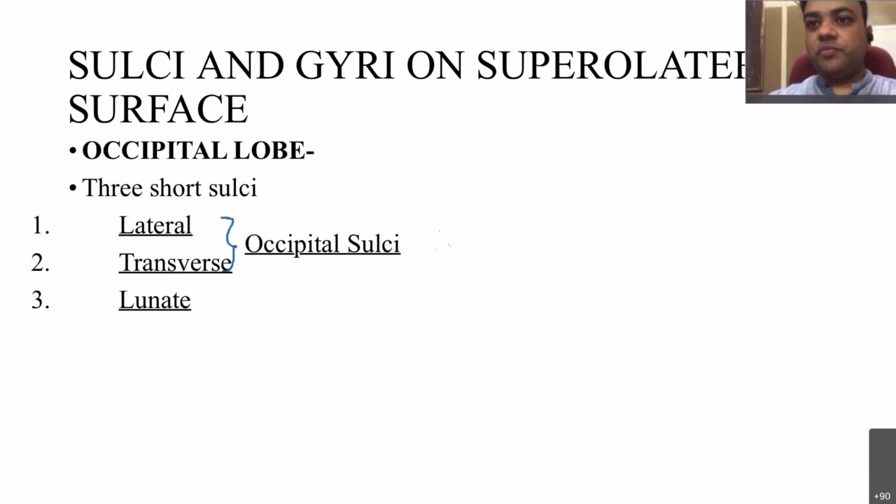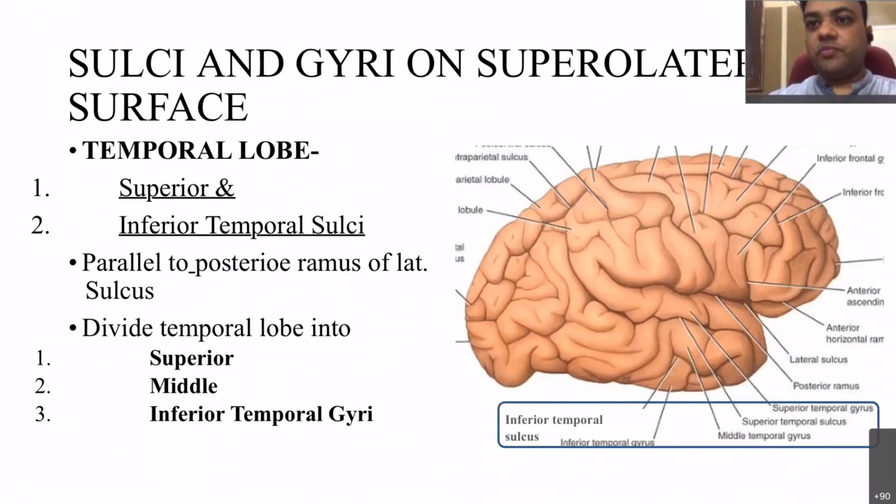Then we have seen the occipital lobe now. So it is having three short sulci, the lateral, transverse, and the lunate. Lateral, transverse, and lunate. I will show you. Yeah, this is the lateral sulcus. It is the lateral sulcus here you can see.